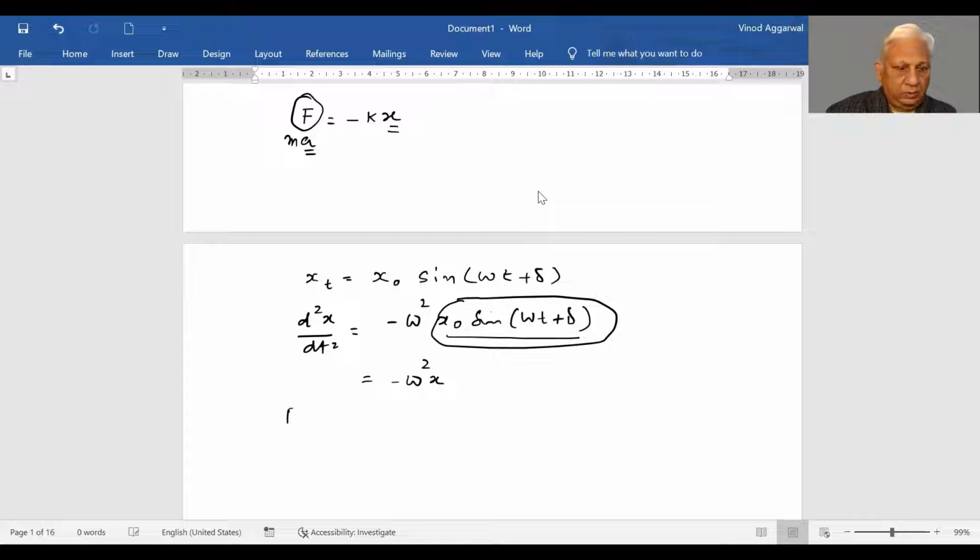Or force is equal to mass into acceleration is equal to minus kx, implies k is equal to m omega square. This is one relationship.